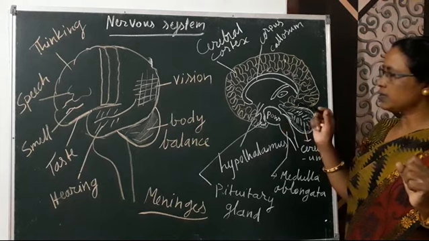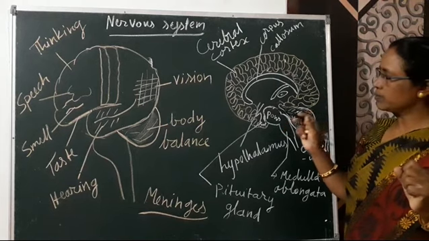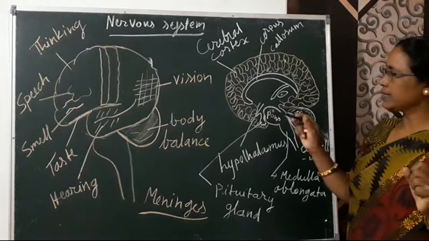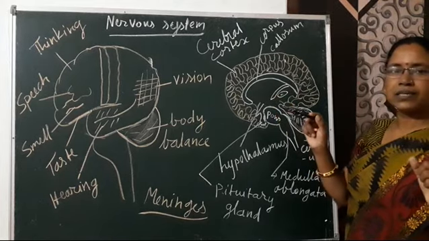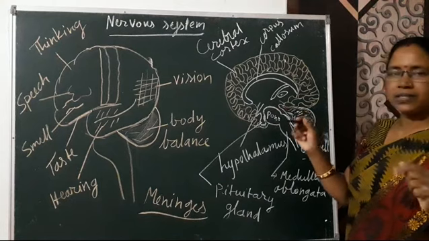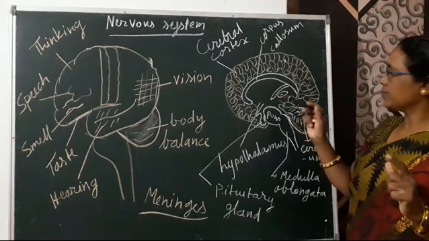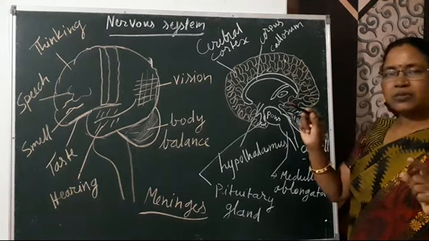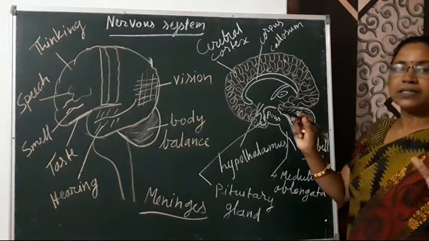Before also I have said that nerve cells are formed in the growing period, in the embryonic period in the mother's womb. That many cells only remain in the brain; it never increases.